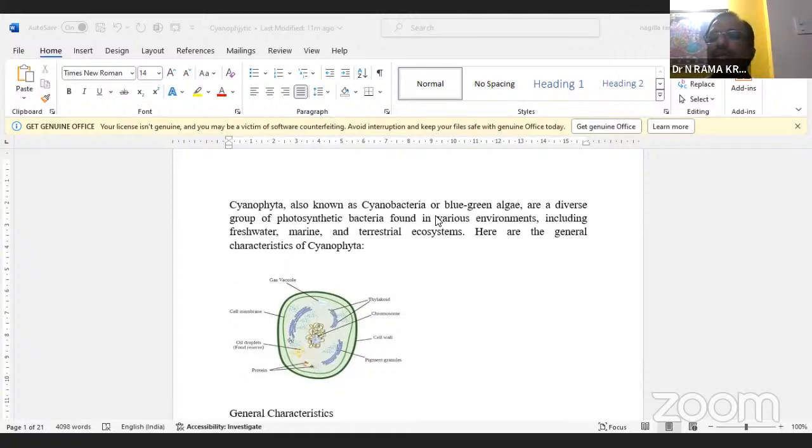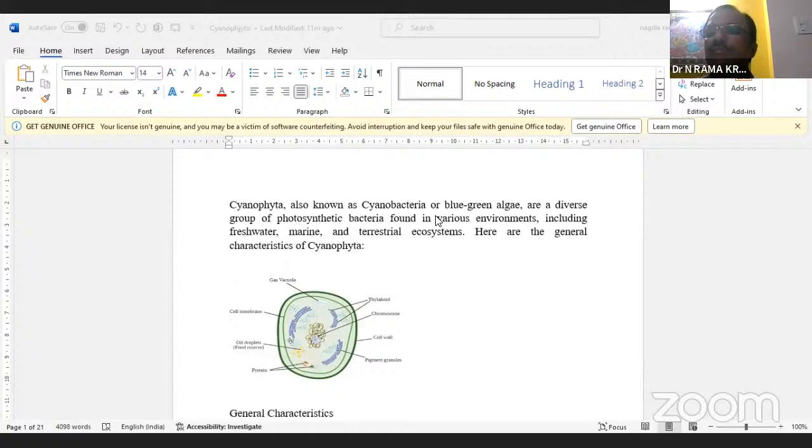That's why we say Myxophyceae. After that we said cyanophytic algae, and now we say cyanobacteria. We say cyanobacteria because some of these plants move from one place to another.